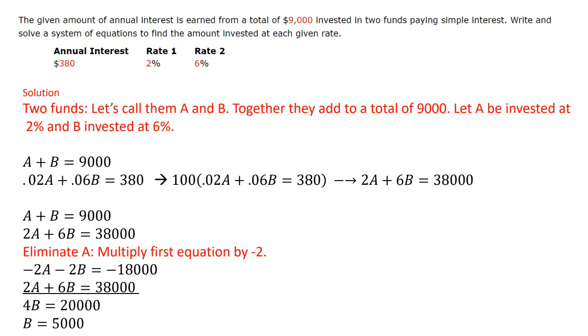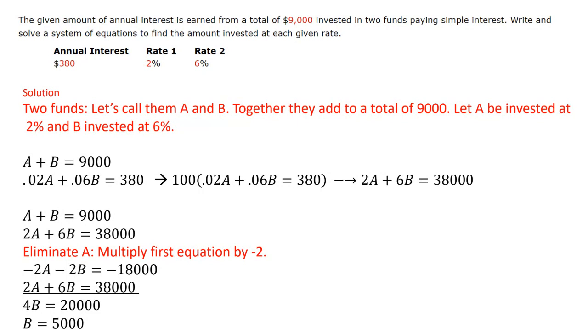And so we have -2a plus 2a is 0, and -2b plus 6b is 4b, and then 38,000 minus 18,000 is 20,000. So we end up with b is equal to 5,000.